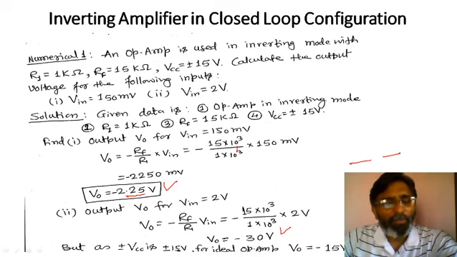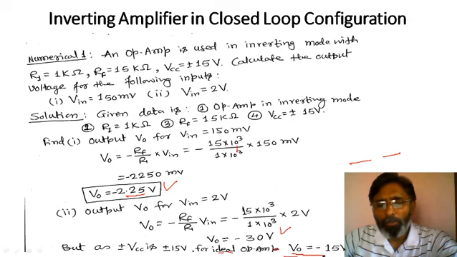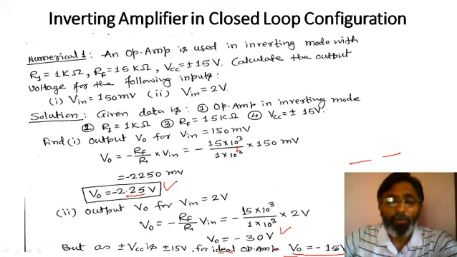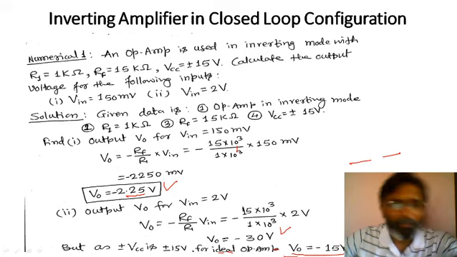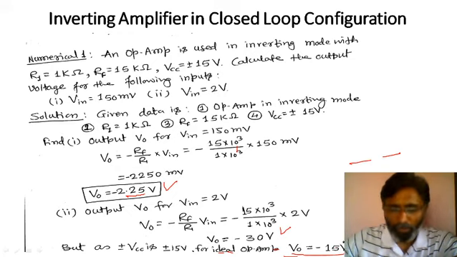VO max, at the most for an ideal op amp, is plus minus VCC, and we have considered that our op amp is ideal, so the magnitude of the output cannot be more than 15 volts. So in the second case my output will be minus 15 volt. It cannot be minus 30 volt. So this is the solution.